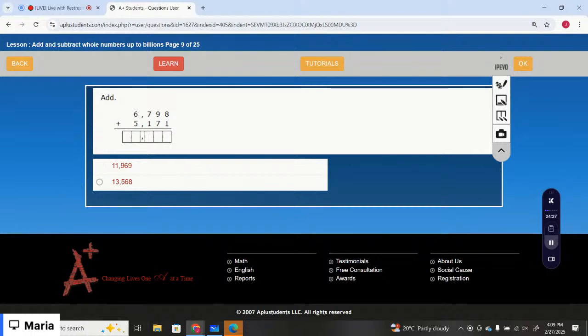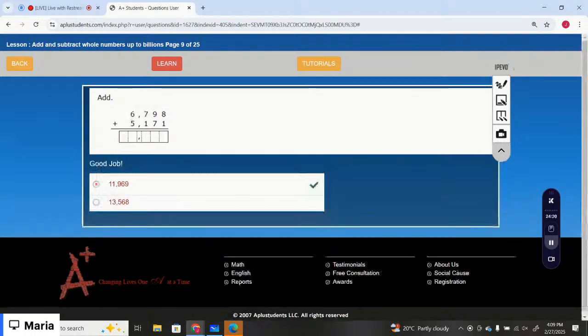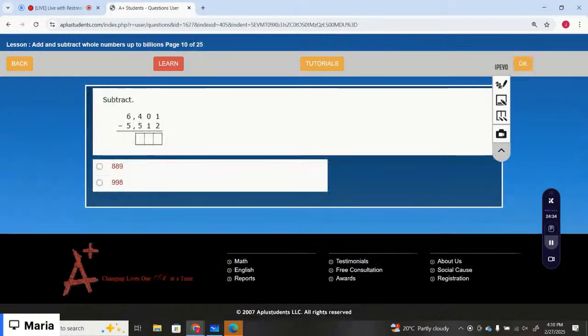Very good. Option number 1 is the correct option. Subtract, which is the correct option? That is again option number one. 889 is the correct option.